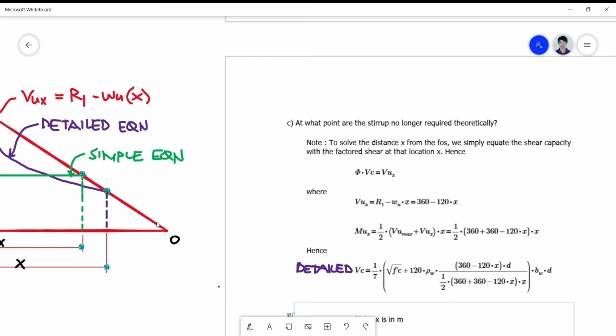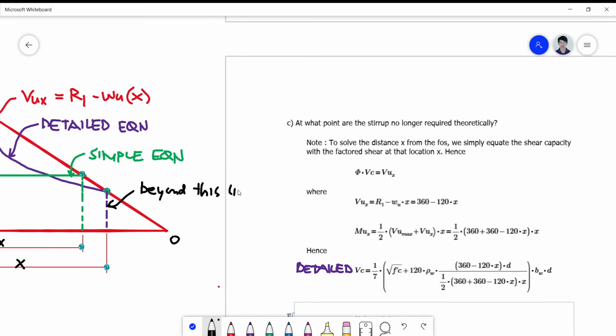So it simply means that beyond this line, stirrups are no longer required.